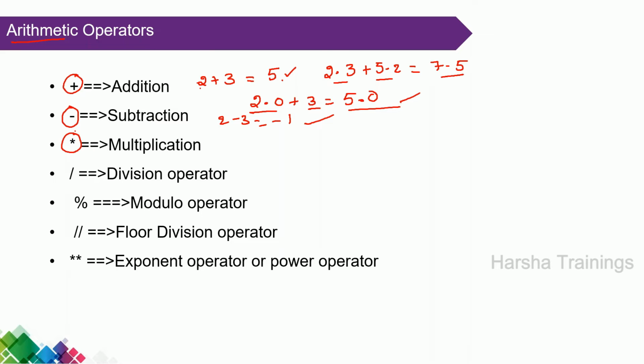Star is used for multiplication. Simply 2 * 3, the answer is 6. 2.0 * 3, the answer is 6.0. These three are not at all important, because in normal mathematics we use the same thing. The only thing you have to remember is that in normal writing we write 2 × 3 is equal to 6.